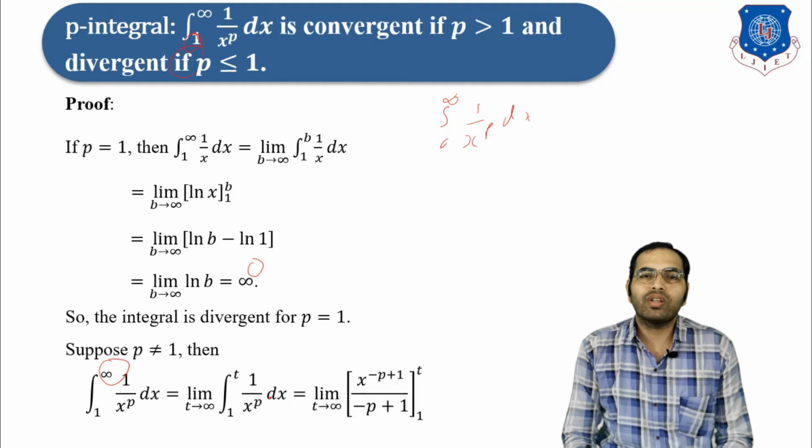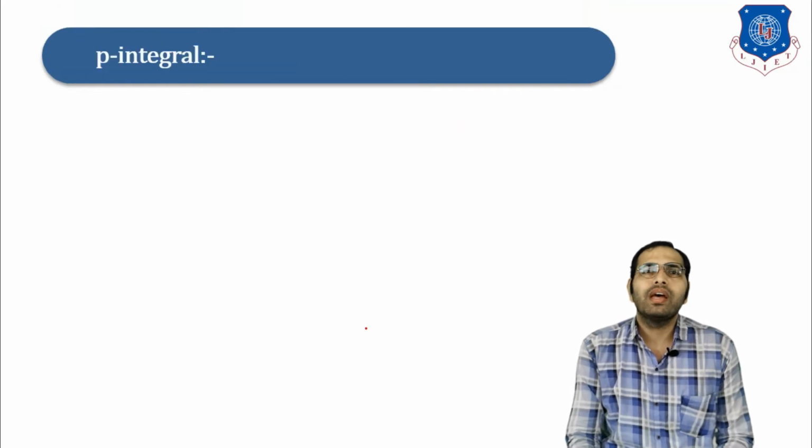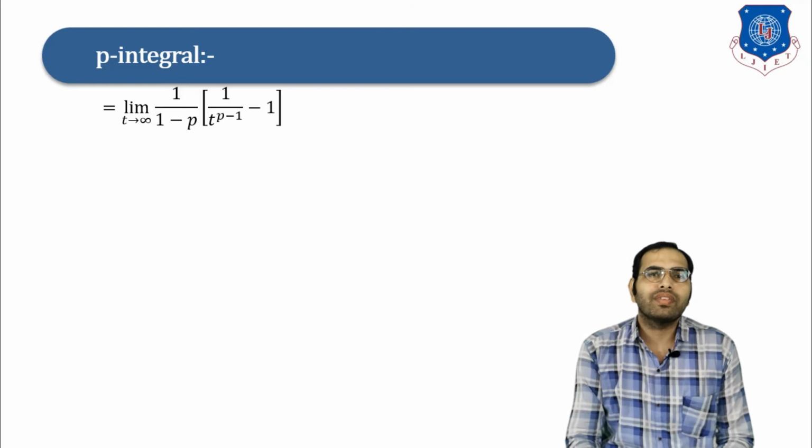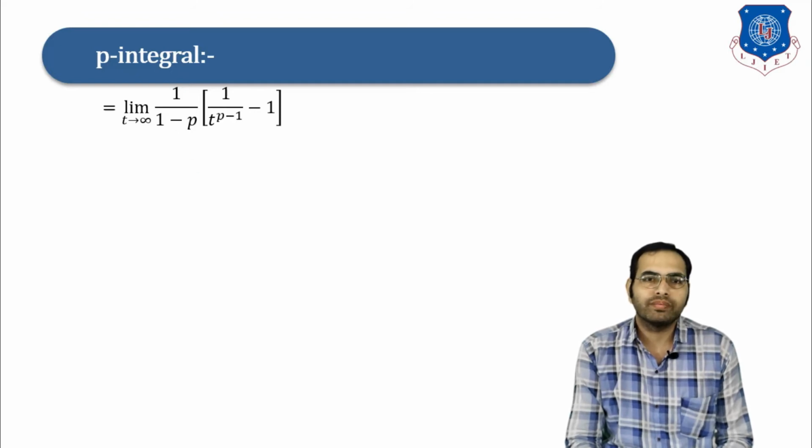You all are aware that the integral of 1 upon x raised to p is limit t tends to infinity x raised to minus p plus 1 upon minus p plus 1, where x varies from 1 to t. Now simplify that term and apply the upper limit minus lower limit, that will give you limit t tends to infinity 1 upon 1 minus p times the bracket 1 upon t raised to p minus 1, minus 1. Here we again have two conditions.